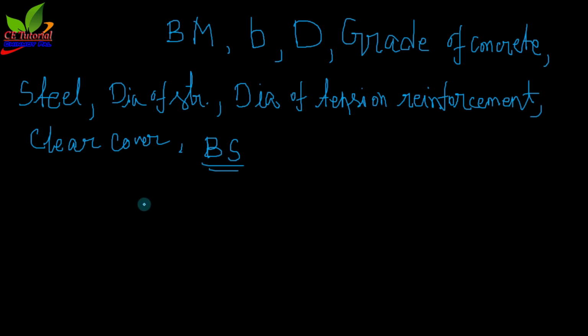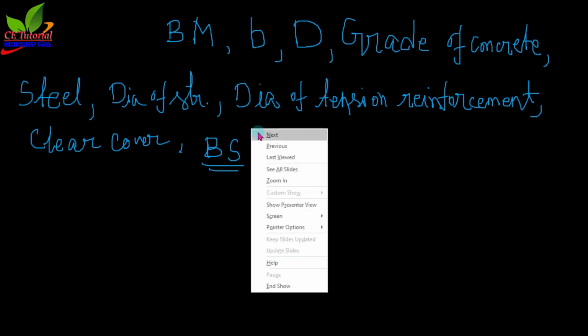Okay, now suppose we have a structure, a simply supported beam. This is the point load. Suppose there is some point load W, and this length is L. So the maximum bending moment will be this.